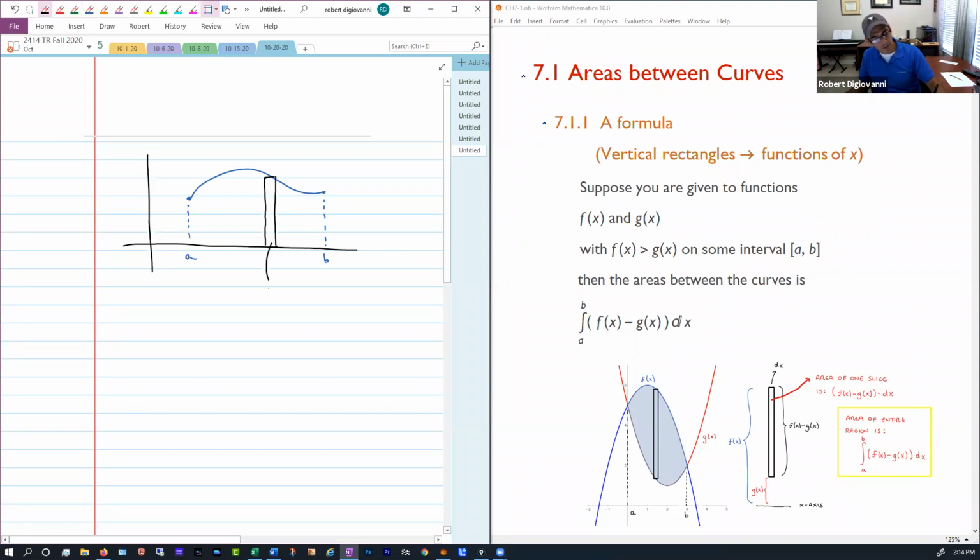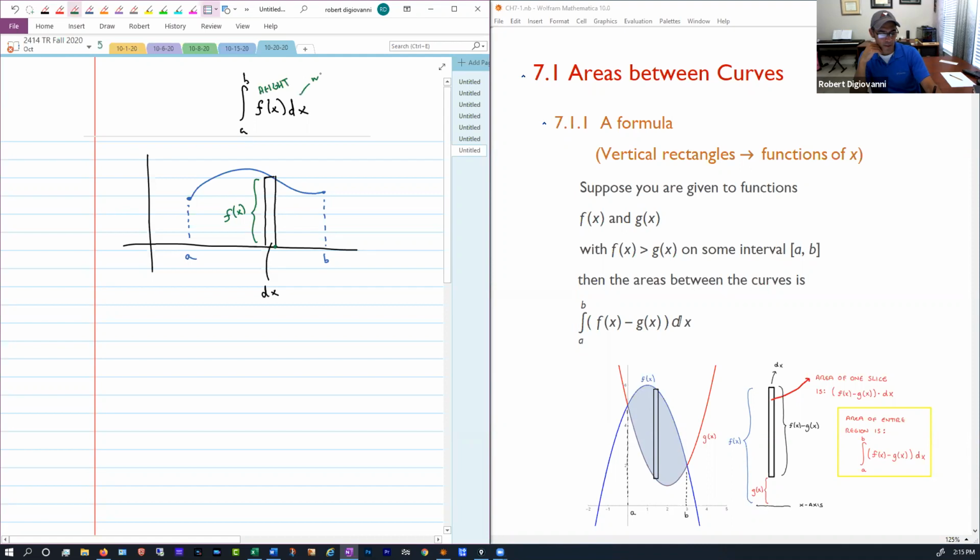We said the width of the rectangle was dx, right? In the formula, integral a to b, f of x dx, I told you to remember that the dx was the width of the rectangle, right? And the height of the rectangle was just the function's value at some point at the right end of that rectangle, right? So this was our width. I'm sorry, this was our height.